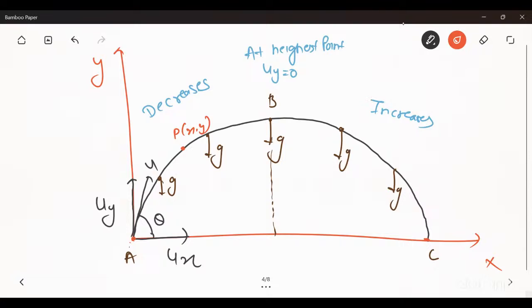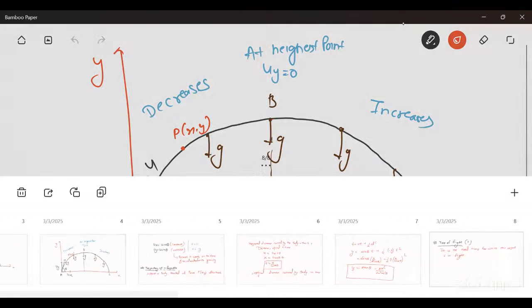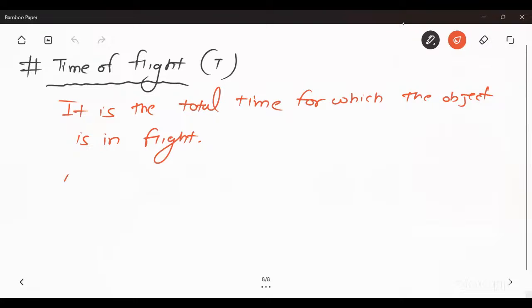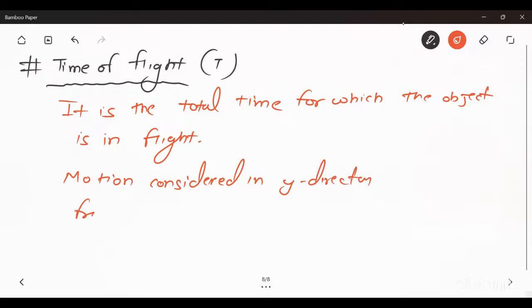But how can we calculate the time of flight? Firstly, we will calculate the time from A to B. Then we will multiply by 2, because it will require the same time from A to B, then B to C. So considering motion in the y direction, from A to B, we have initial velocity u sin theta, and at the highest point we know the final velocity will become 0 and acceleration due to gravity will be minus g.